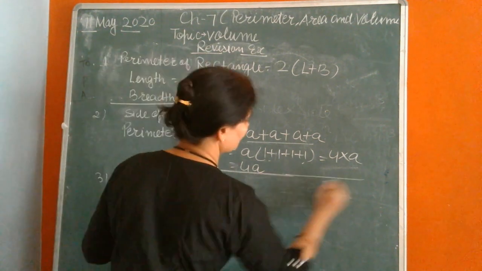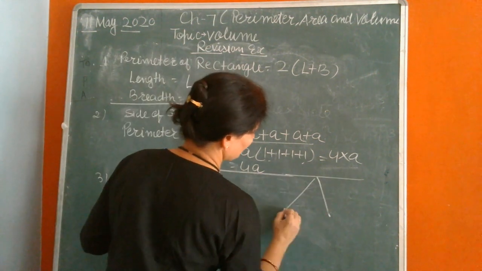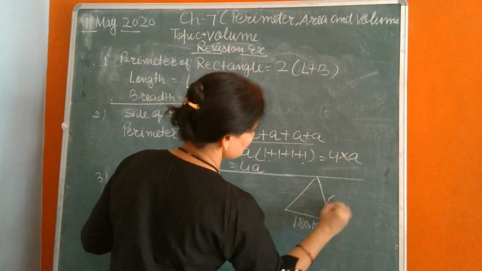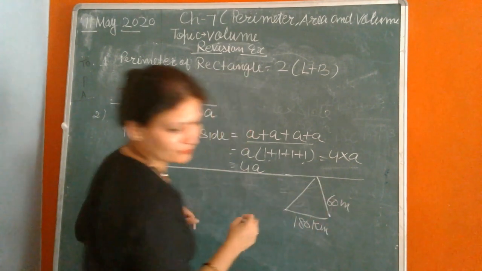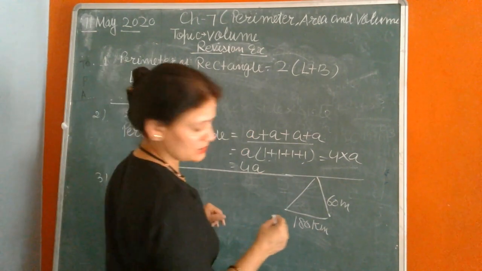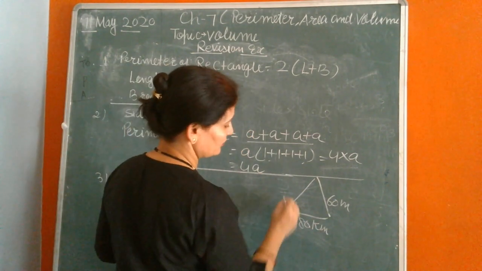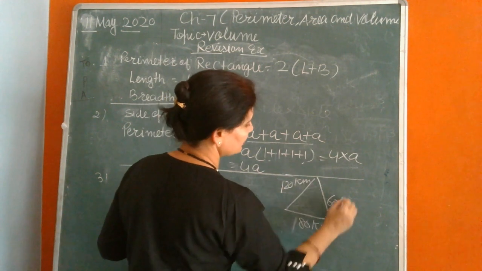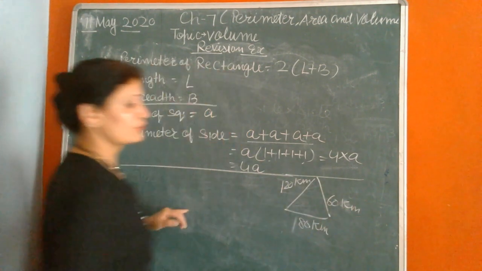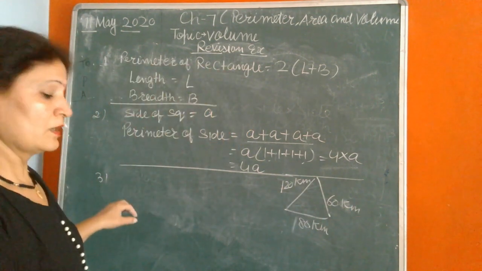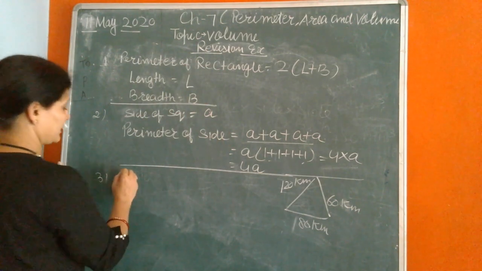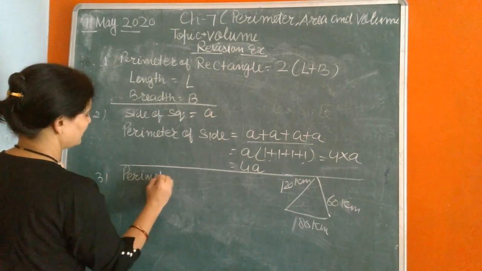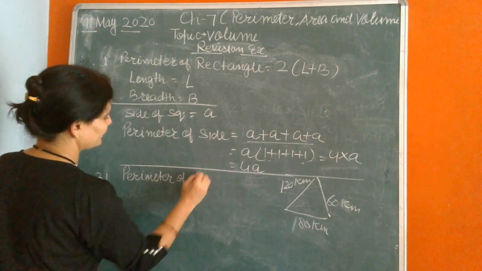First we will draw a triangle with sides 120 kilometer, 80 kilometer and 60 kilometer.